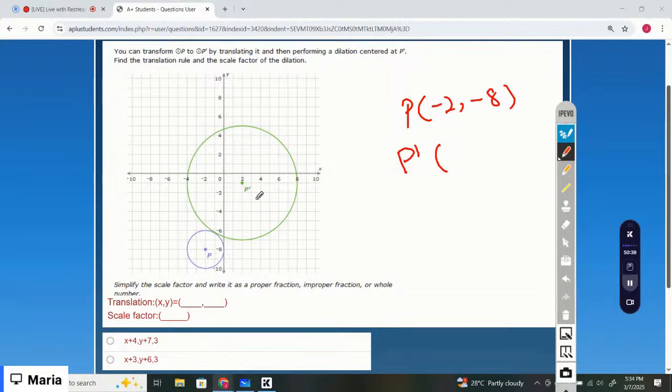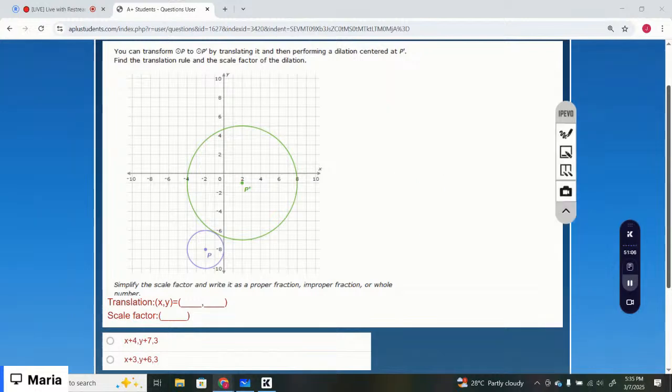And the center of the circle P dash is 2 and -1, right? So the translation is x plus 4 and y plus 7. And the scale factor is 3. So option number 1 is the correct option. X plus 4, y plus 7, and 3.